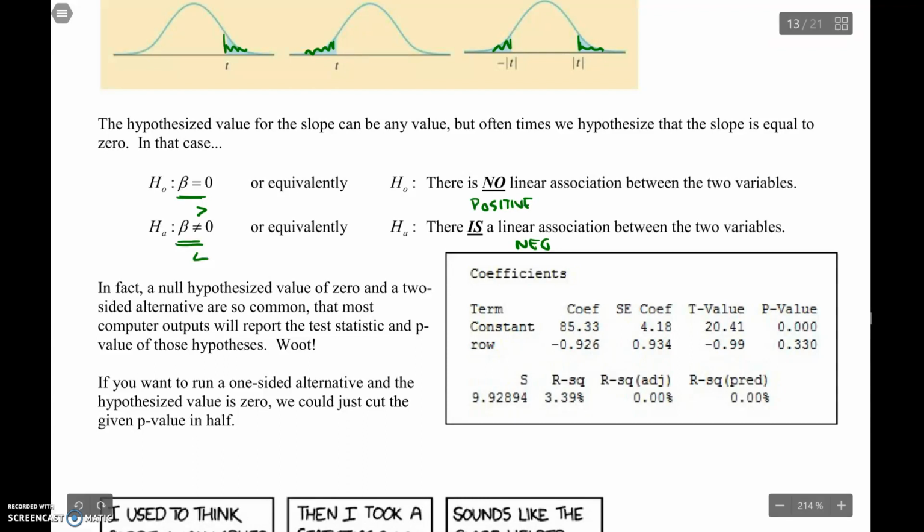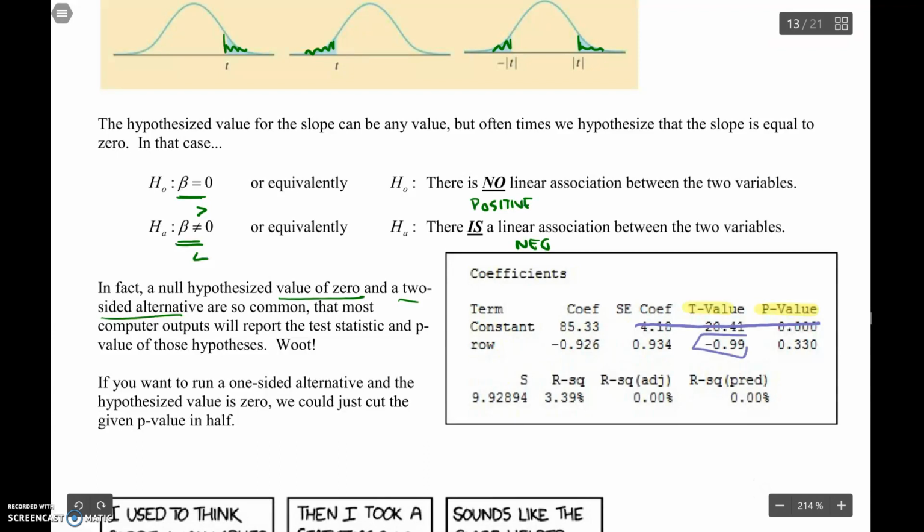In fact, it is so common to have a hypothesized value of 0 and a two-sided alternative that computer output is designed around that. They actually give us a test statistic and a p-value. Well, first of all, you're never going to use these three values because this is the standard error of your y-intercept, your test statistic and p-value of a test on the y-intercept, which we will never do.